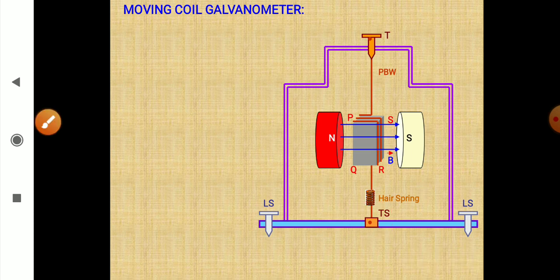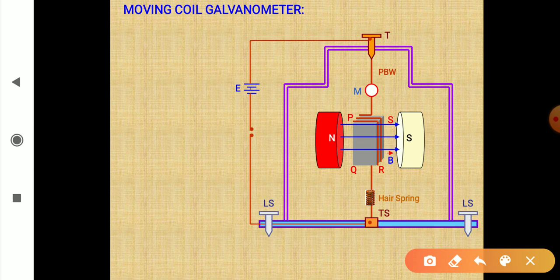Right? And now a mirror here, and see, this is one end of the coil, this is the other end of the coil, and the ends of the coil are connected to this battery or cell, and in this way the circuit is completed.